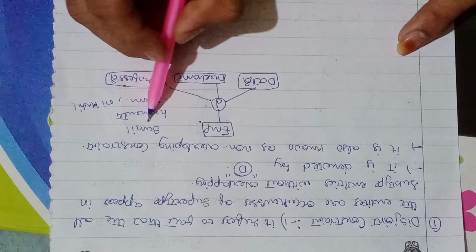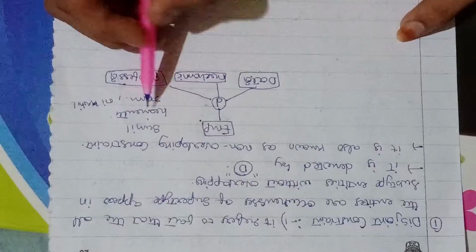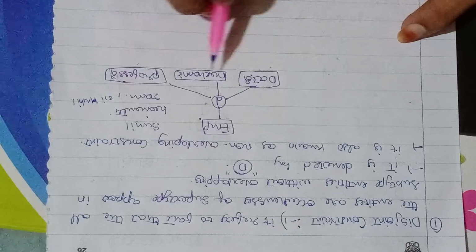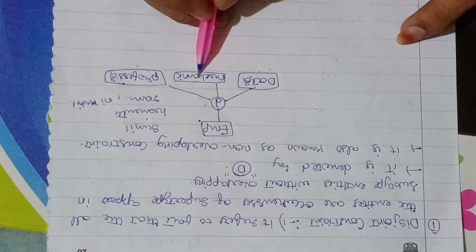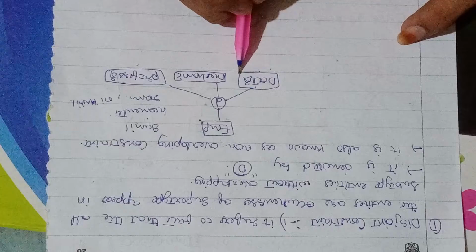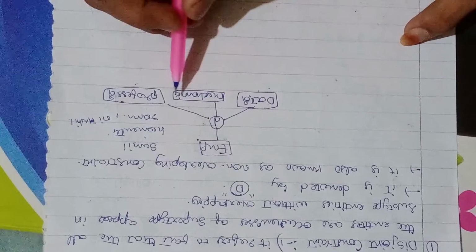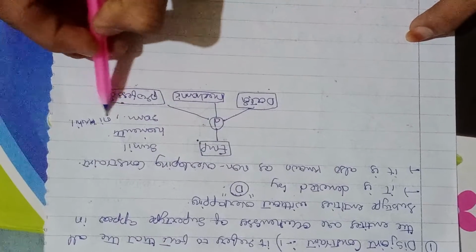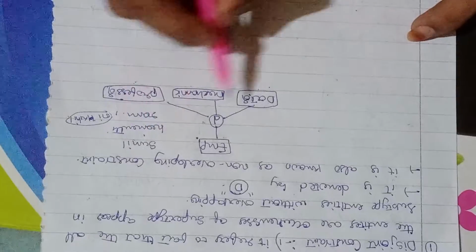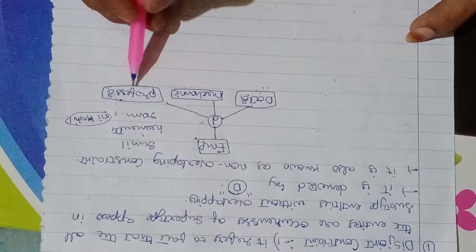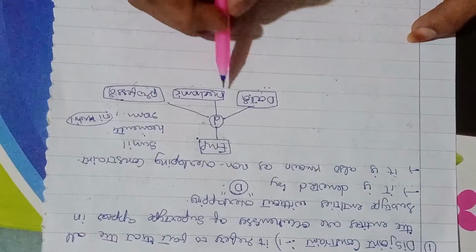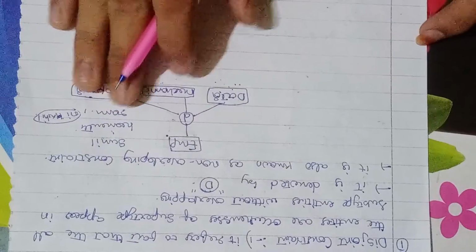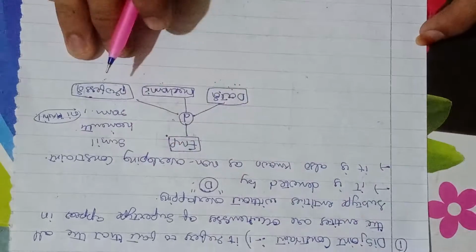Sunil is a doctor, Hemant is a mechanic, Ram is a professor, and Nikhil is an employee. But Sunil is not a mechanic or a professor. So these are not overlapping, and another name is the disjoint constraint.